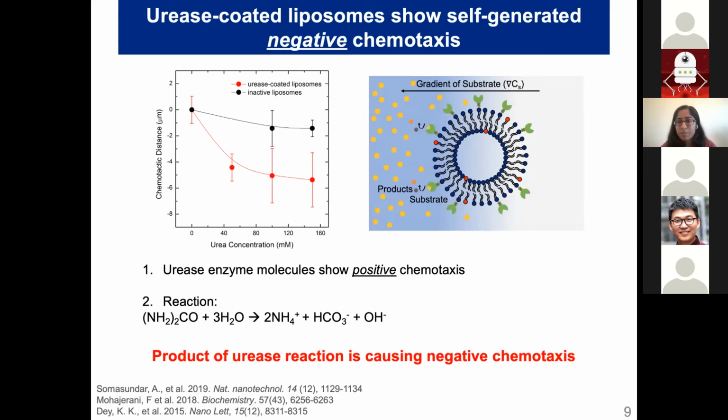When we put the enzyme inside, we also observed that it's difficult to have this exchange, so we didn't observe motion until we came up with a strategy to make some pores in the membrane. That was the challenge if we want to place them inside, just to add to the discussion. Thank you.